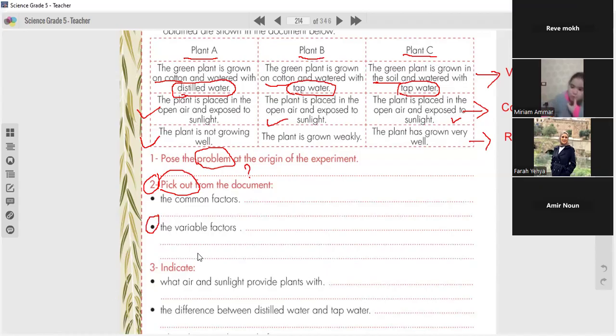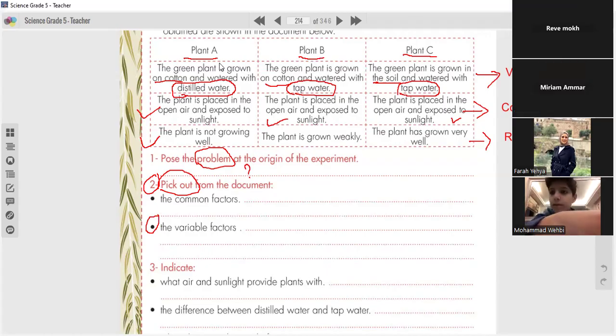Go ahead Mohammad. What are the variable factors here? For these three plants, plant A, plant B, plant C, you have to take them from the table.